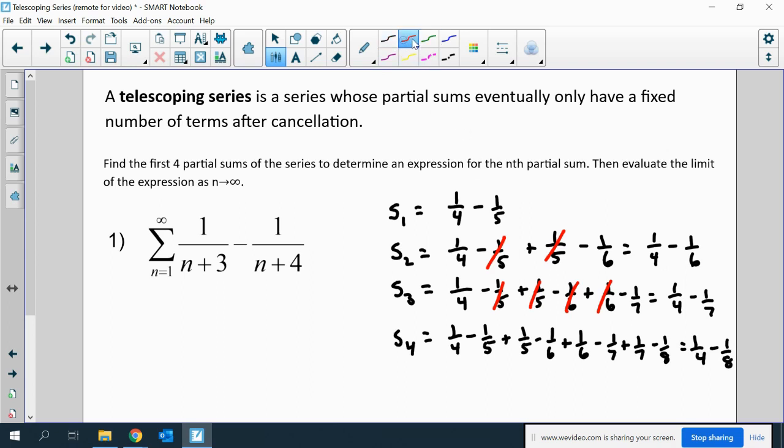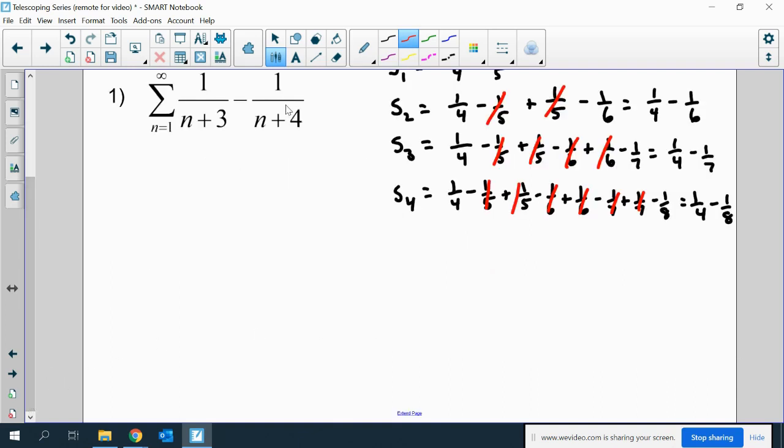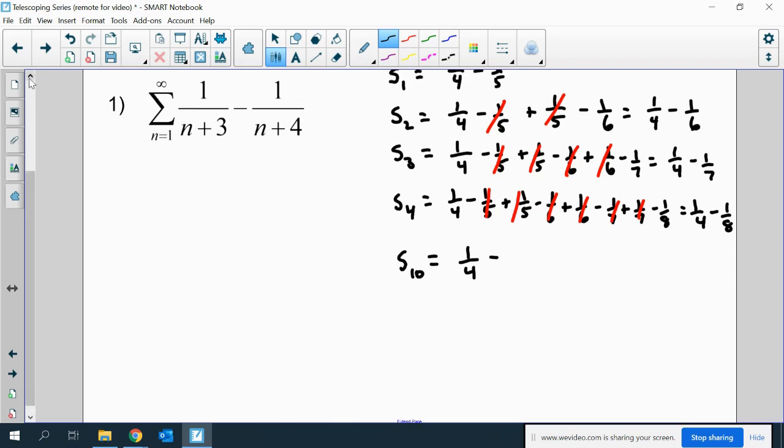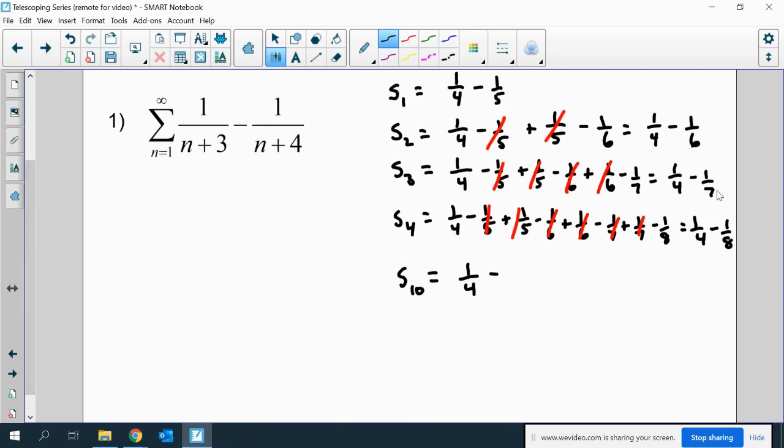And so I see all of these things canceling out, and that's kind of what I end up with. So if, for example, I have s sub 10, let's say, I'd have 1/4 minus, well, 1 had a 5th, 2 had a 6th, 3 had a 7th, so it looks like I would just add 4 to whatever this is, so it'd be 1/4 minus 1/14.